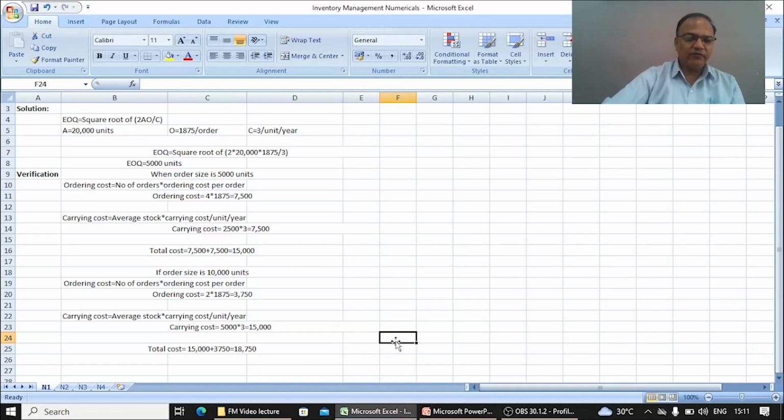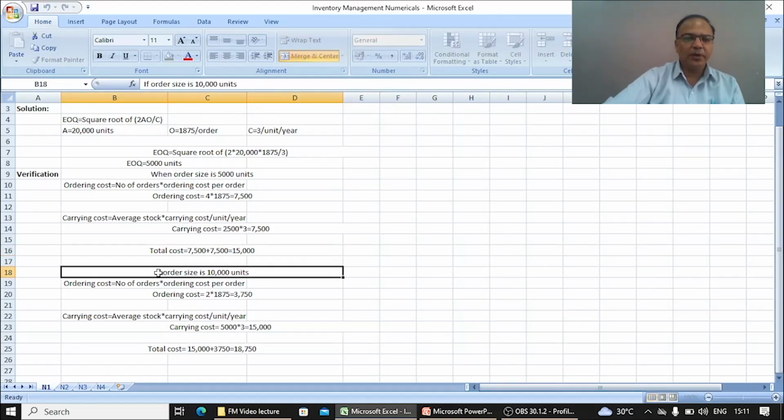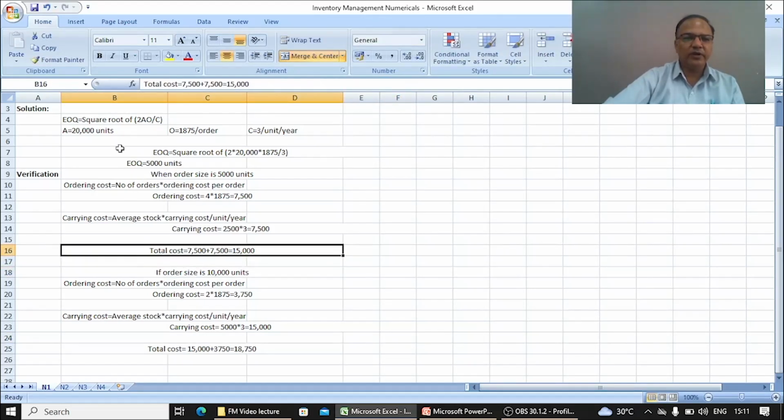So it is a verification that if you are following the order size suggested by the EOQ method, then total cost was rupees 15,000.